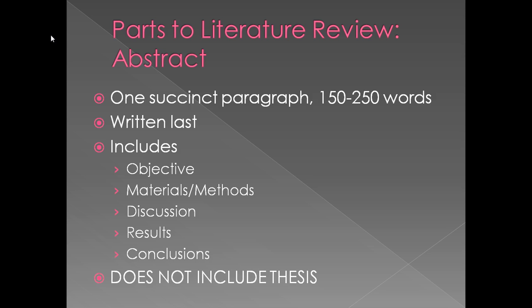Okay, basically an analysis of everything in your study. So the objective or the purpose, the materials and methods, which you probably won't have, but you will have a discussion, maybe a conclusion, maybe results, and definitely your conclusions. Okay, the abstract is broken up into those sections, into one paragraph that's about 250 words.